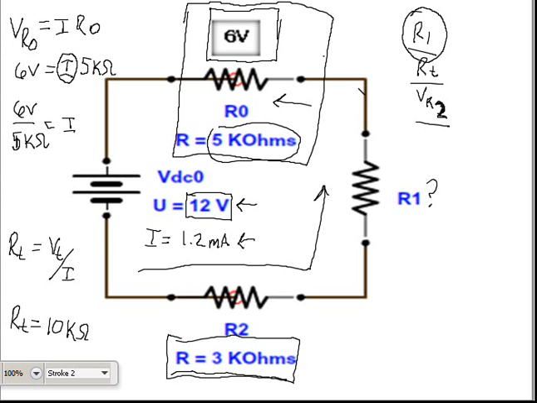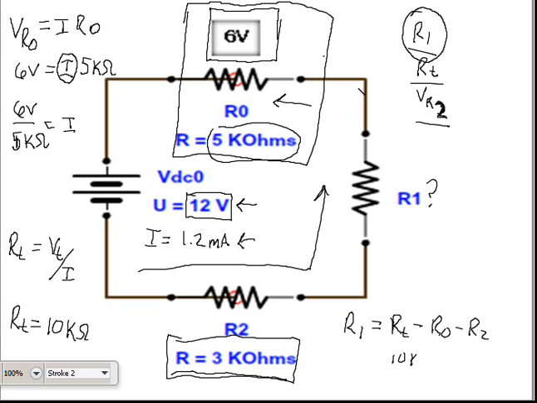So now it's a simple matter of subtraction. 10k minus 3k minus 5k. Okay, R1 is going to equal total resistance minus R0 minus R2.